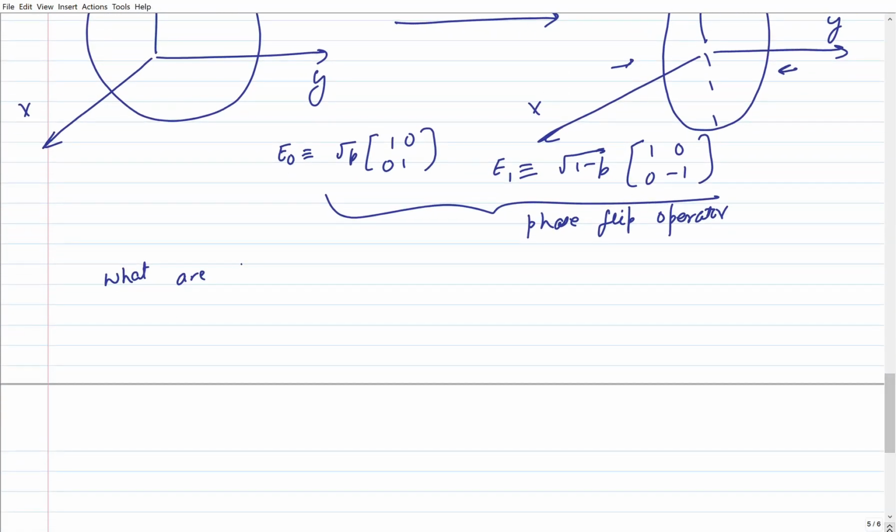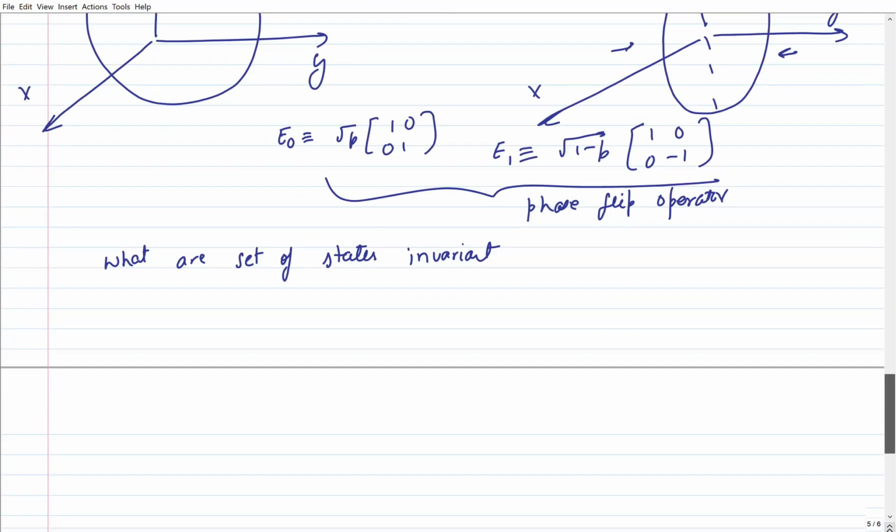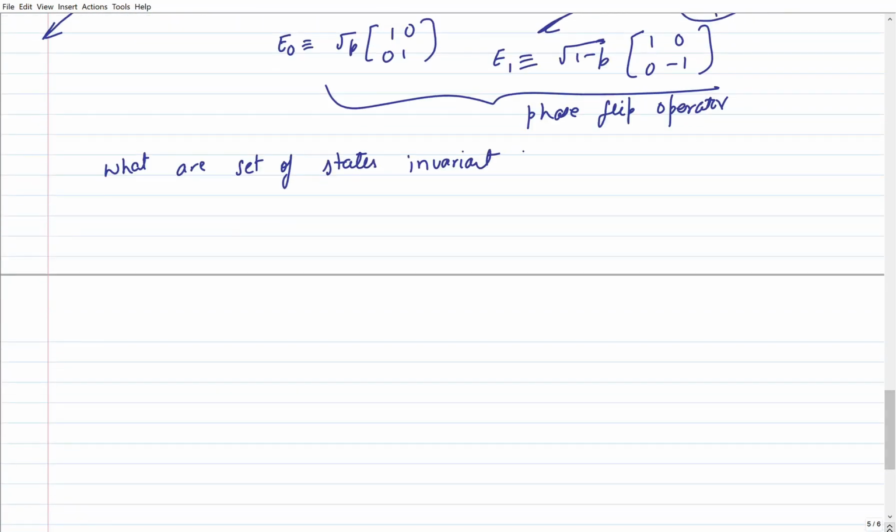So similarly, what are the set of states invariant under the action of the phase flip, sorry, the amplitude damping channel?